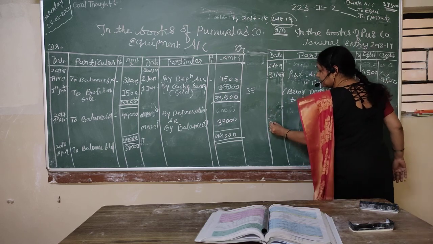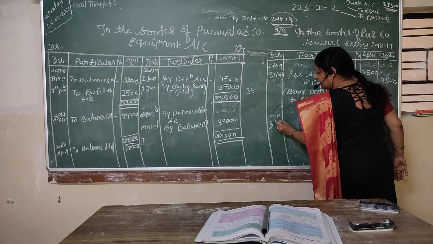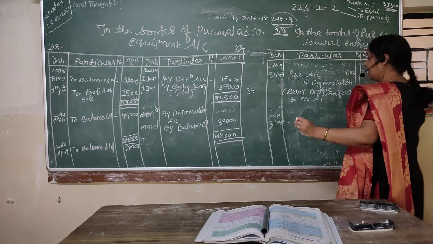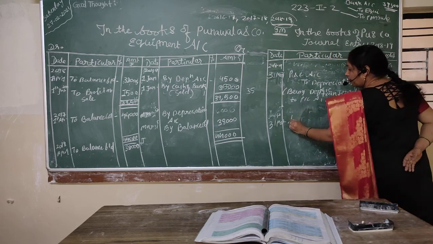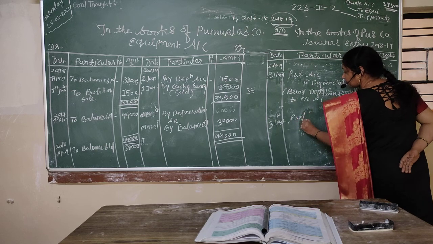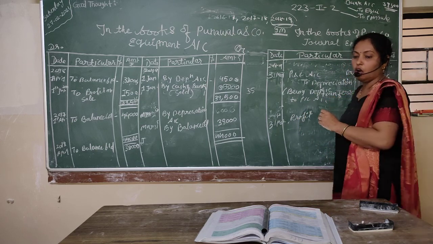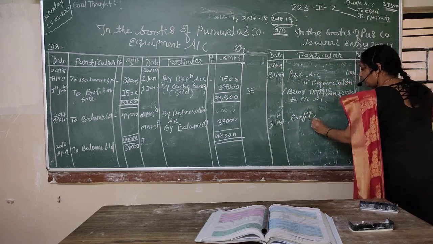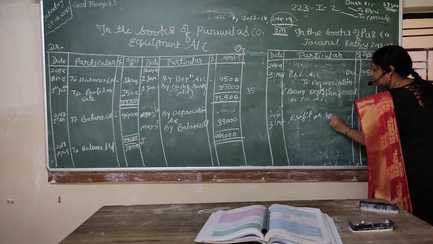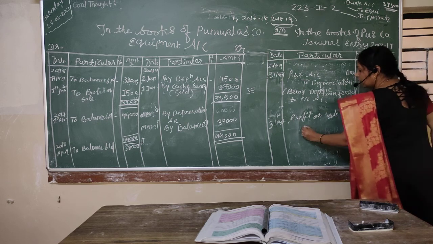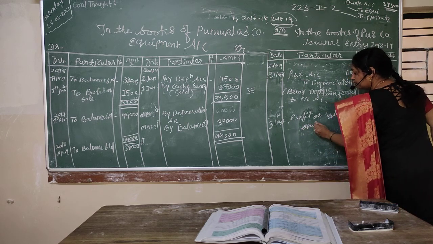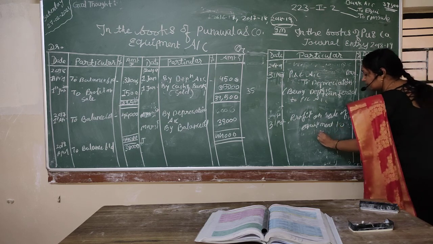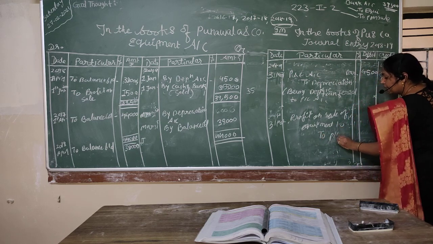And the last entry of the third year is the transfer of profit on sale of equipment to the P&L account: profit on sale of equipment to P&L account.